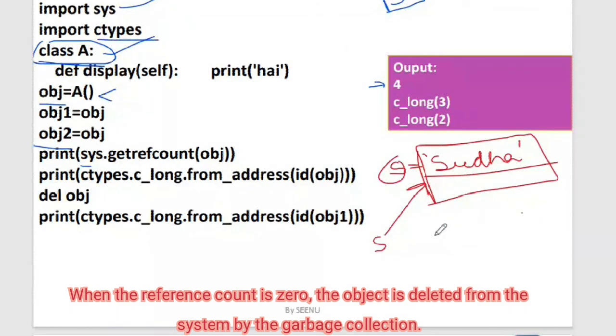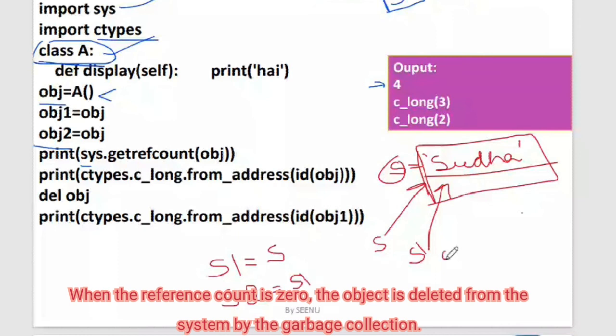After that, I said S1 is equal to S. So I have got one more reference variable which is pointing to this object. In the later case, I said S2 is equal to S1. So S2 is also pointing to this object. Now how many references are there? These are there.